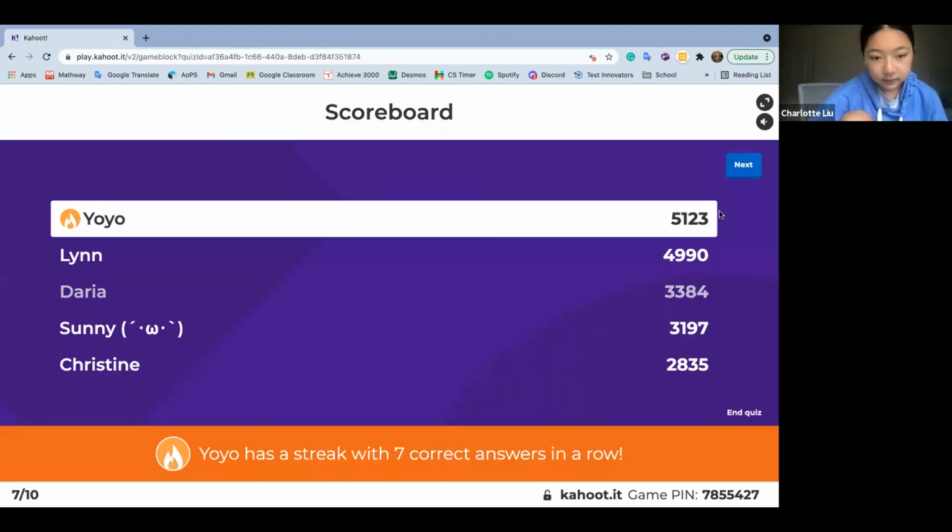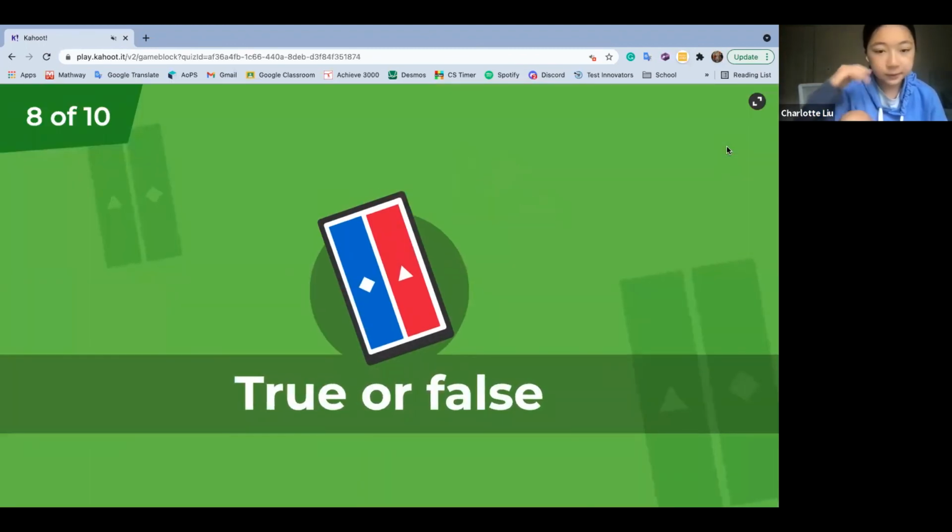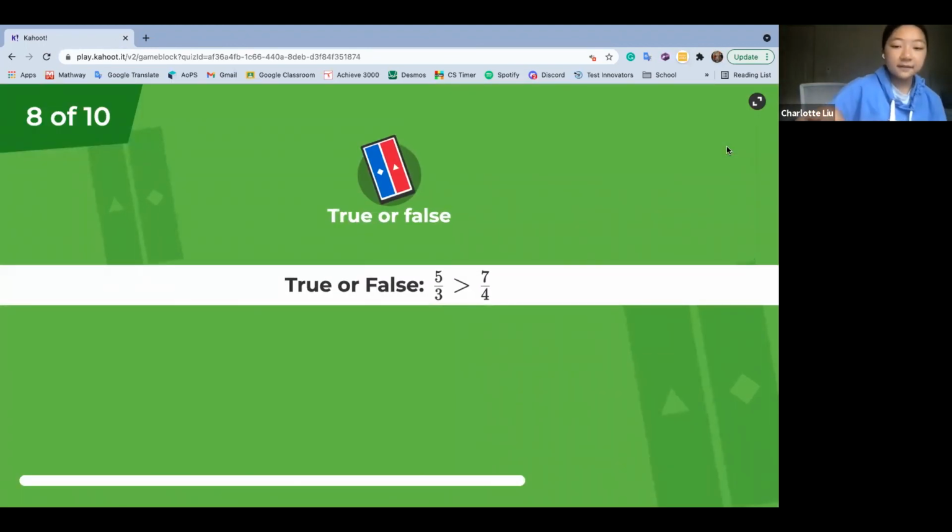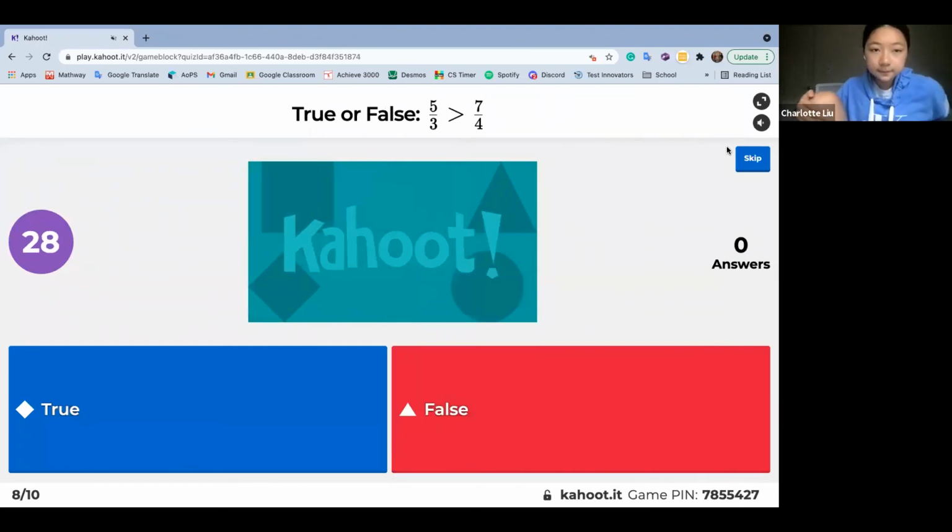Okay, next question, true or false: 5/3 is greater than 7/4.